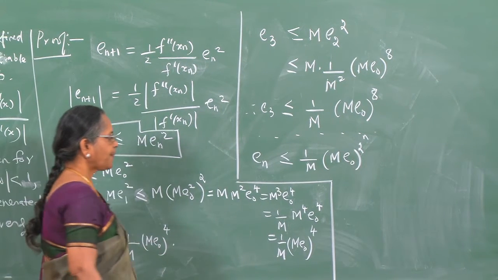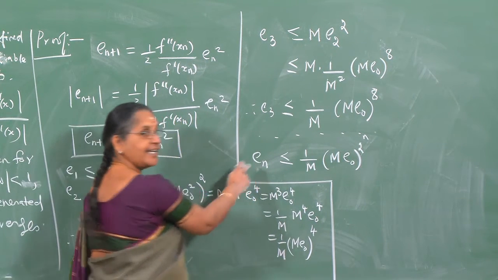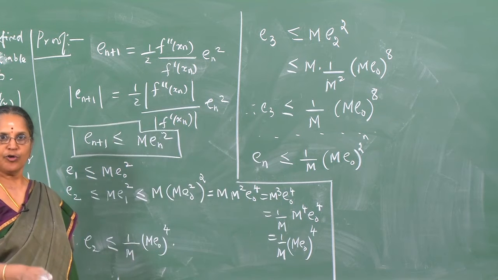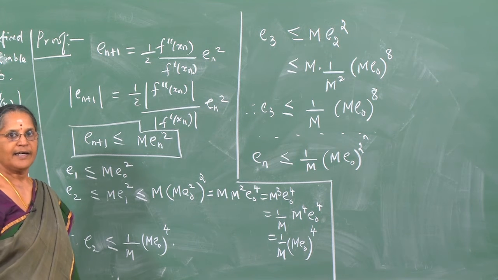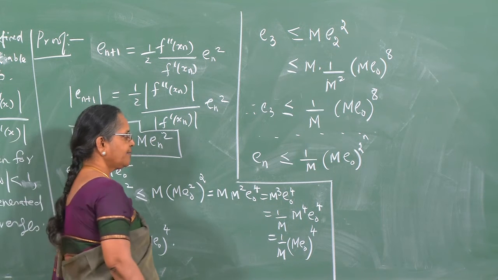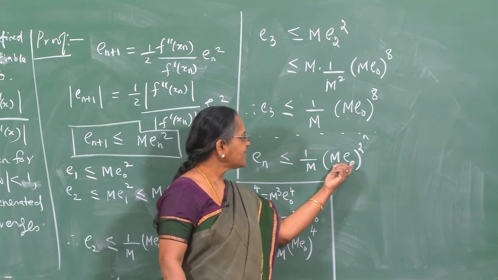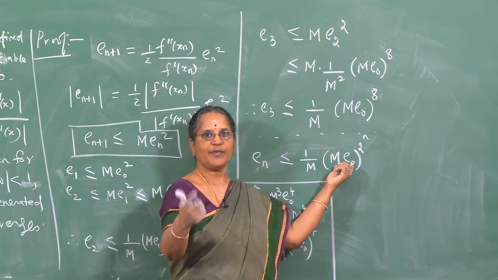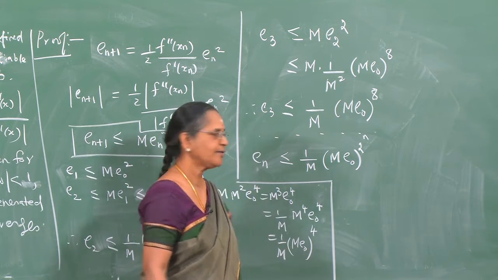And therefore, this error at the nth step will go to 0 as n tends to infinity, provided m times E naught in absolute value is less than 1.